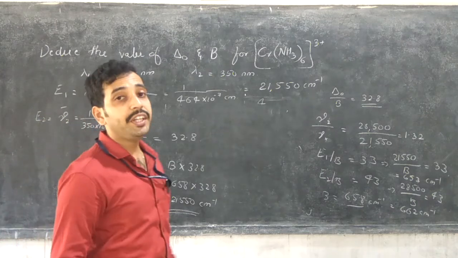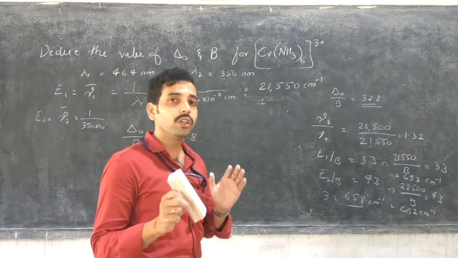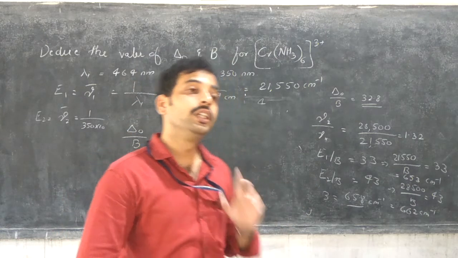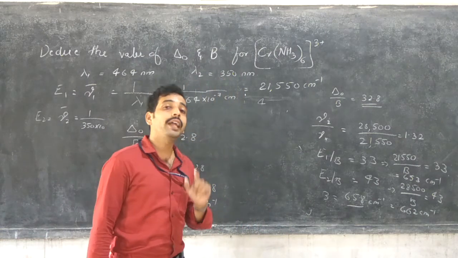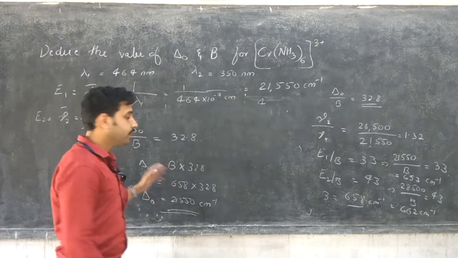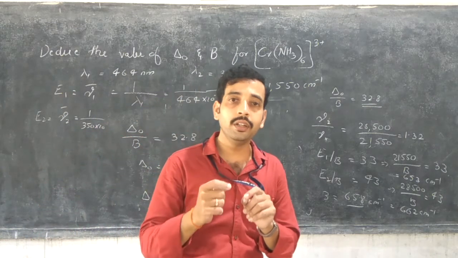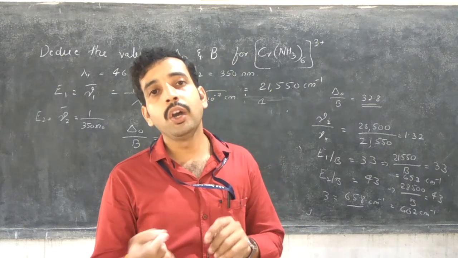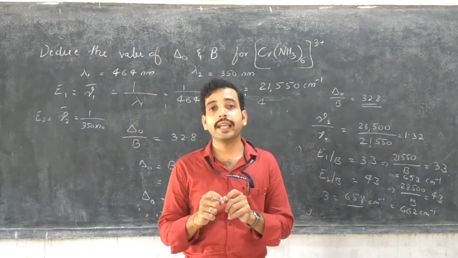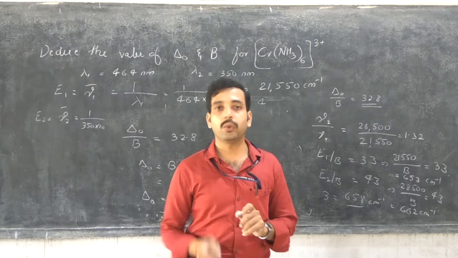That is a quantitative application of the Tanabe-Sugano diagram. From an exam point of view, it will not be asked, because you must have the standard graph of the Tanabe-Sugano diagram. Otherwise, it's difficult to draw a single line or the exact value of E1 by B, E2 by B, or delta naught by B. An exact scale is required to draw the Tanabe-Sugano diagram.